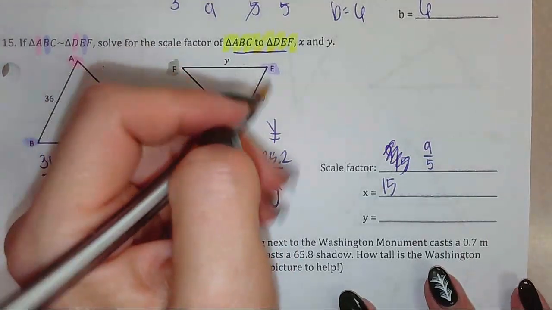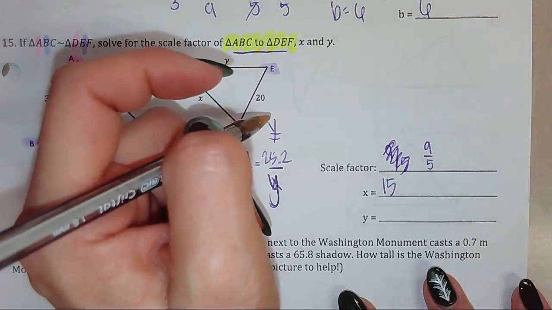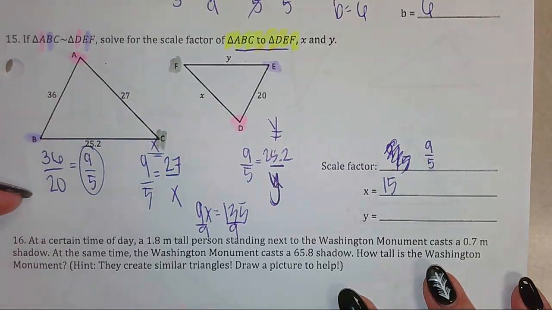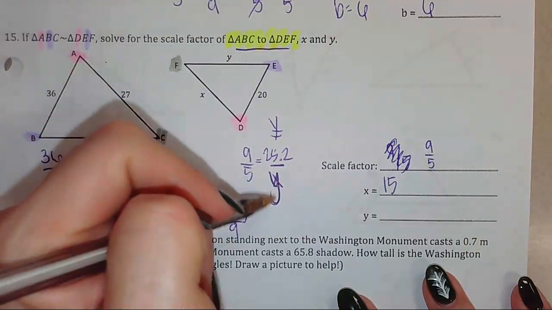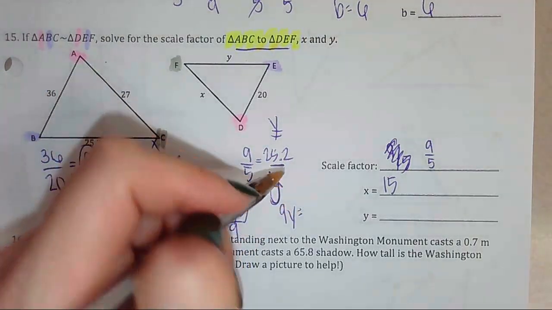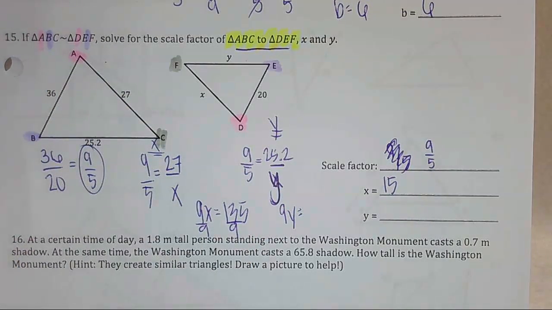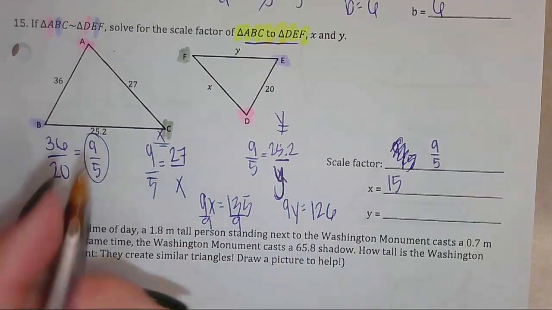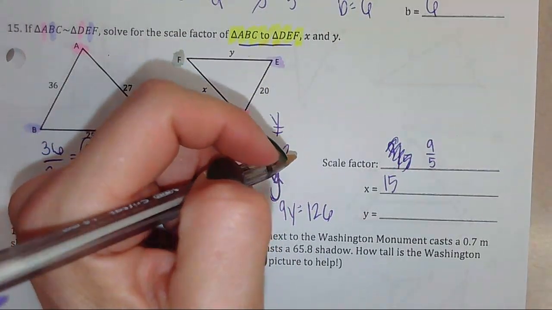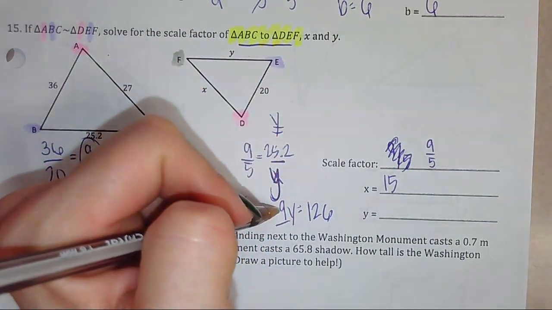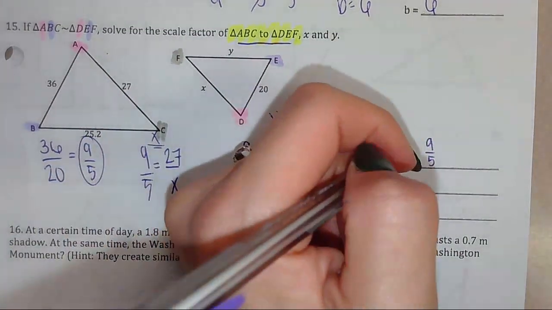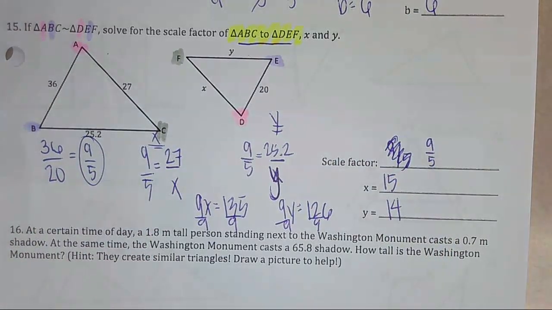Well, we cross multiply, and we get 9y equals 126. I'm going to divide by 9 and divide by 9 and get y equals 14.